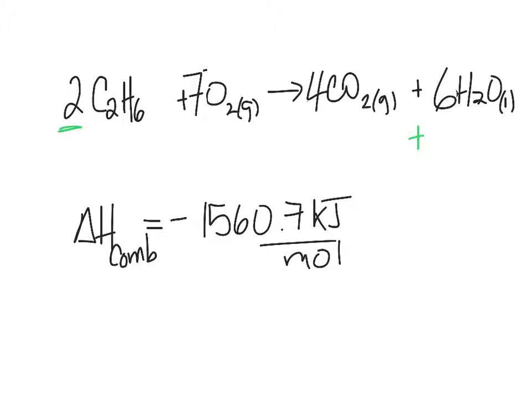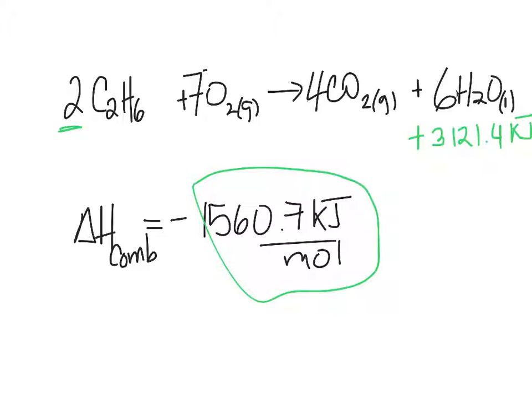So it is 3121 kilojoules. Okay? This goes on the right-hand side because it's exothermic. You have to take the molar enthalpy and multiply it by the actual number of moles, the coefficient in the chemical equation.